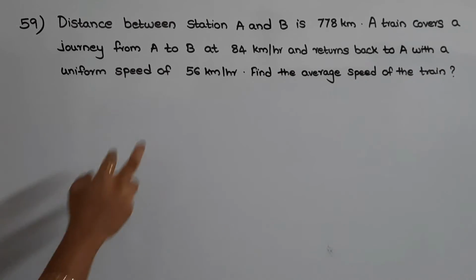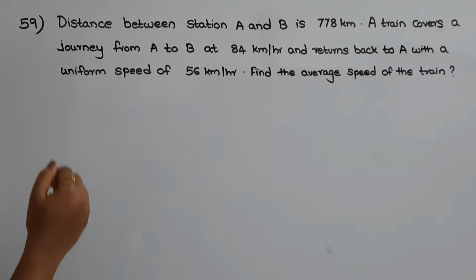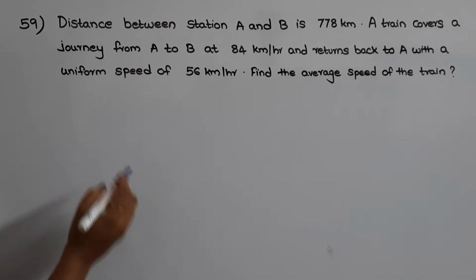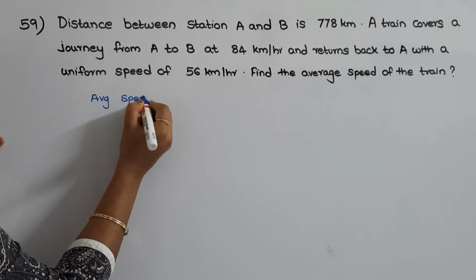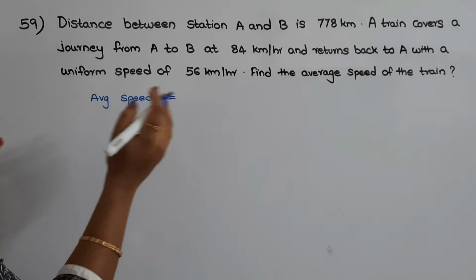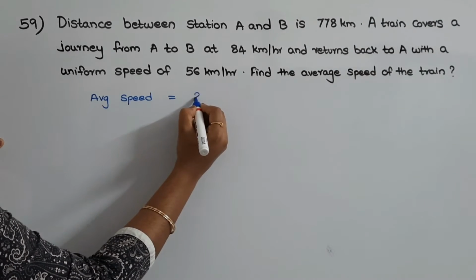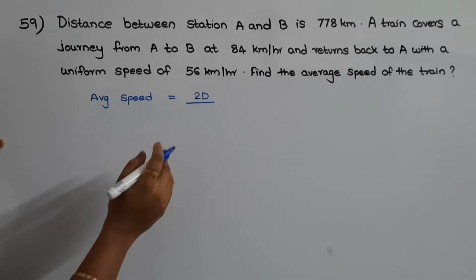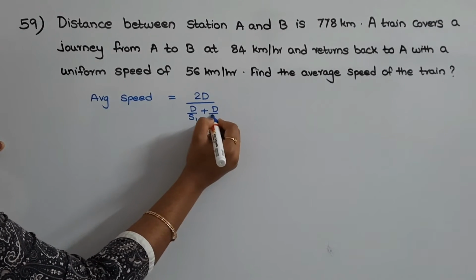So in this question two different speeds are given but the distance is same in both these cases. So let us see how to find out the average speed. We know that average speed is equal to total distance, that is d1 plus d2. Here d1 and d2 are same, so let us take it as d itself. So that will become 2d divided by t1 plus t2. t1 will be equal to d by s1 and t2 will be equal to d by s2.